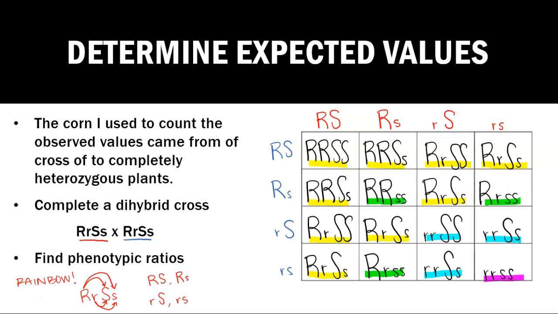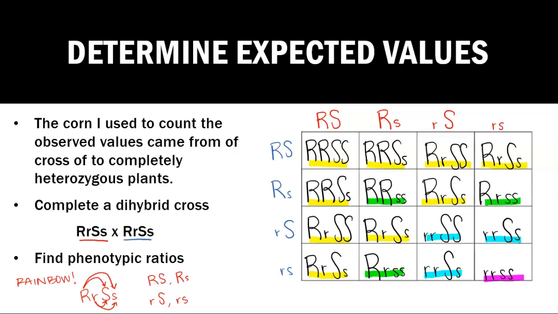What I ended up doing is coloring in the boxes that had the same phenotype. So big R, big S has the same phenotype as big R, big S, little s, or big R, little r, big S, or big R, little r, big S, little s. That is always showing the dominant traits of purple and smooth.